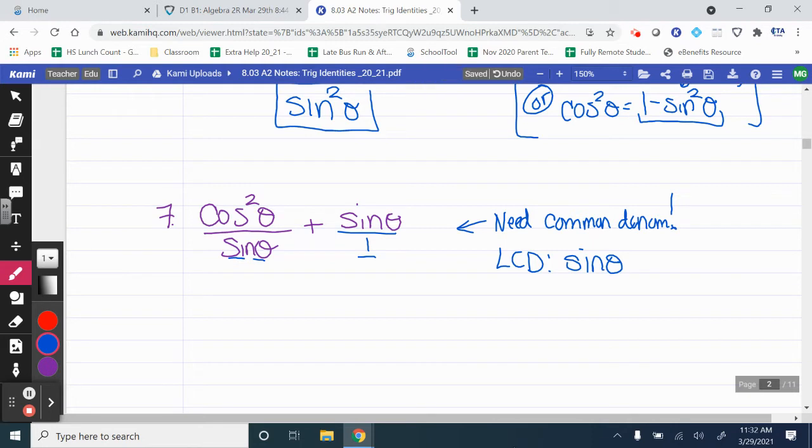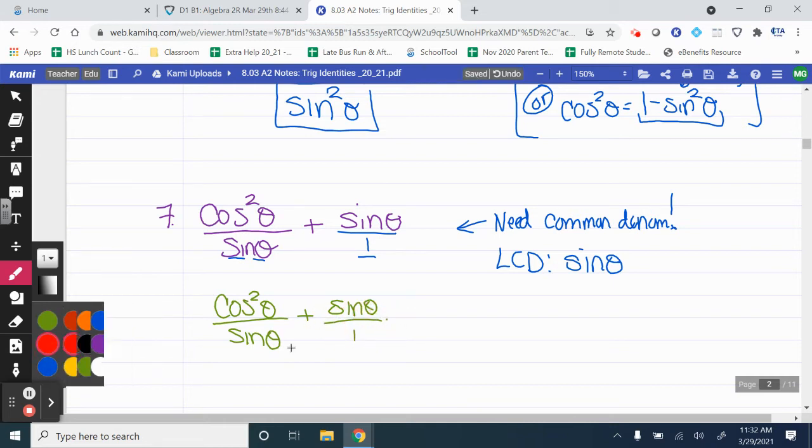So in order to add these, remember there's no equal sign, so I need to multiply by what it needs over what it needs. So the first fraction already has a sine of theta, so it doesn't need anything. The second one does not have a sine of theta, so I'm going to rewrite the first fraction. And then the second fraction, I'm going to multiply by what it needs, which is sine theta in the denominator over what it needs. So I'm multiplying by a form of 1.